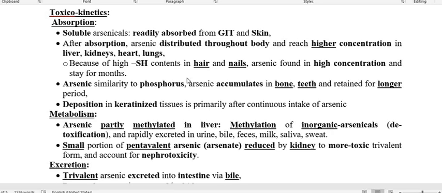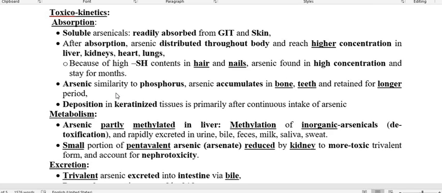And other than that, where phosphorus is found in higher concentration, the probability of arsenic storing there is greater because of the structural similarity: arsenate, AsO4, is similar to phosphate, PO4. As you know, phosphorus is found in high amounts in bone and teeth, and therefore arsenic is also going to be stored there for a longer time in bone and teeth, as well as in keratinized tissue.